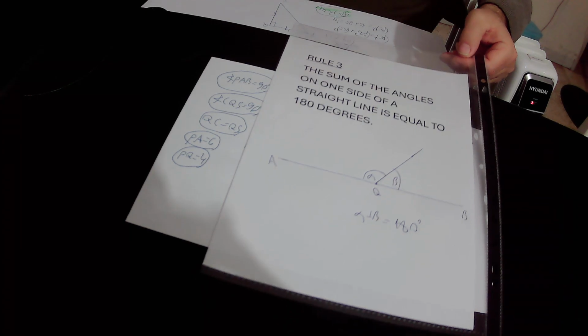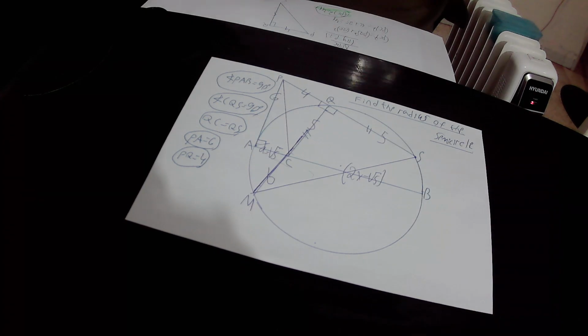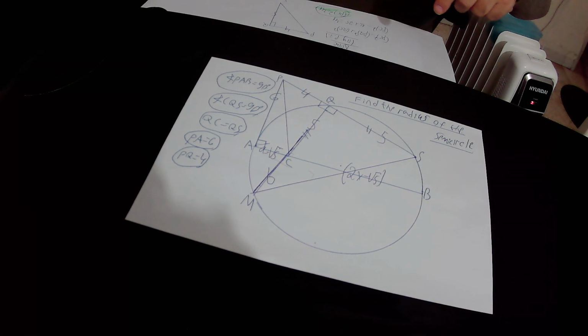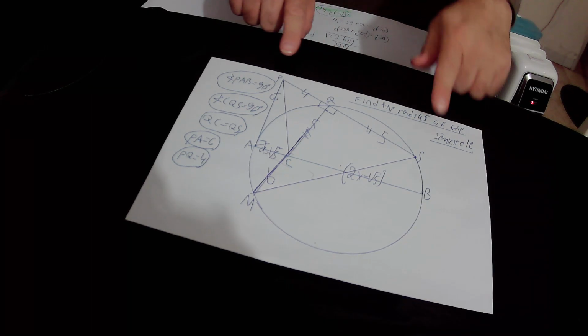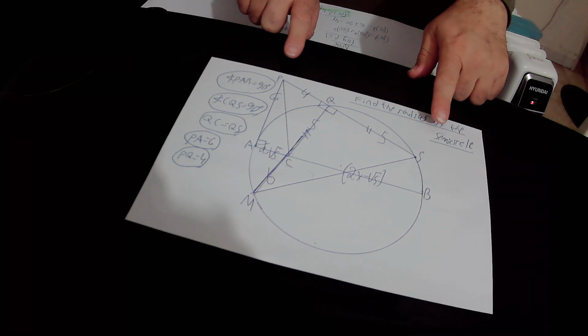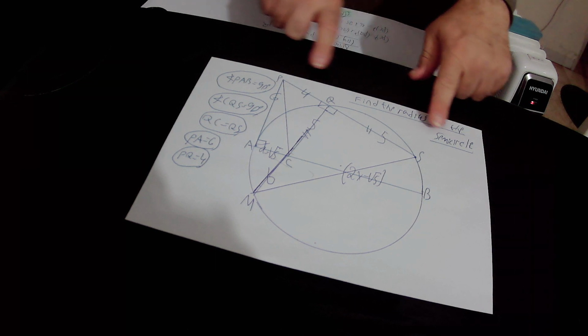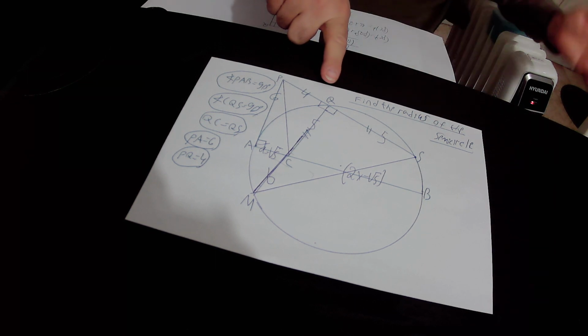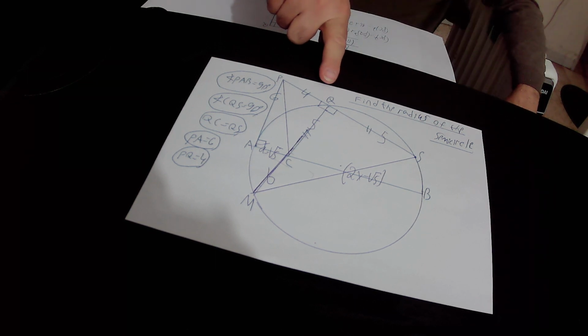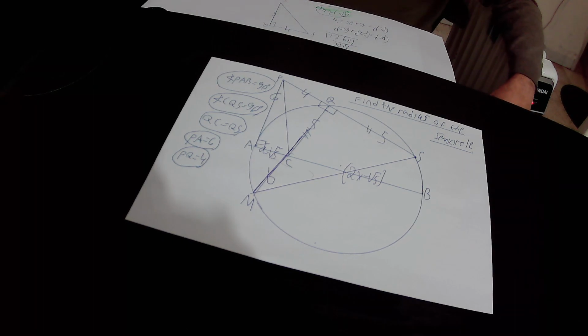So we can actually implement rule number 3 in our drawing. Why? Because PS is a straight line, so if we focus on the lower side of the straight line PS at point Q, the sum of the angles must be equal to 180 degrees. Which angles do we have there?